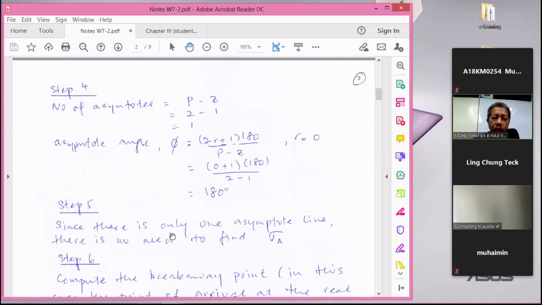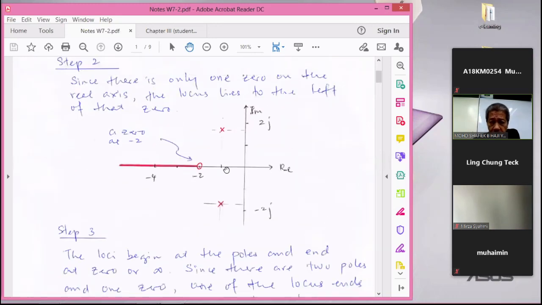So there's no point in computing the intersection of asymptotes because you only have one asymptote and it is at 180. Basically, the asymptote is just to the left of the real axis. Okay, so the asymptote goes all the way to negative infinity on the real axis at 180 degrees.